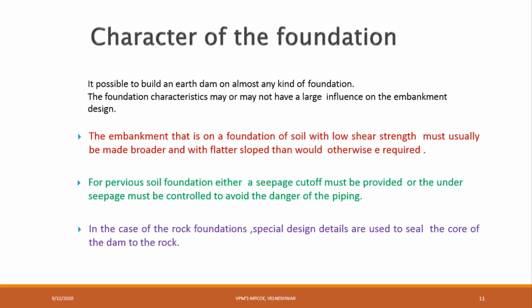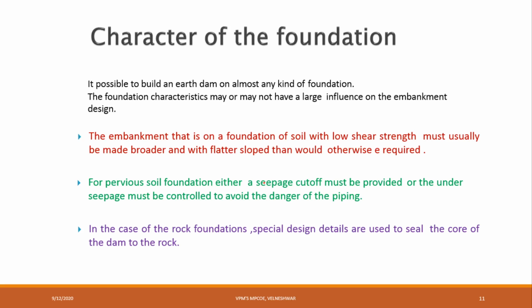Next, characteristics of foundation. It is possible to build an earth dam on almost any kind of foundation. The foundation characteristics may or may not have a large influence on the embankment design. It is possible to build an earth dam means, for suppose, if the foundation and everything is correct, we can provide it. The entire dam is based on our foundation only. Here our foundation is nothing but the subgrade layer.